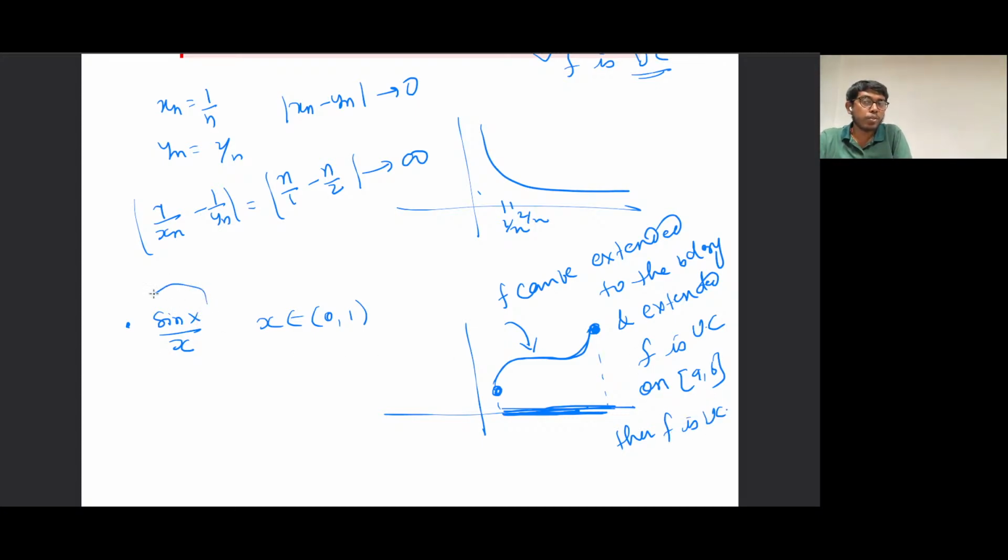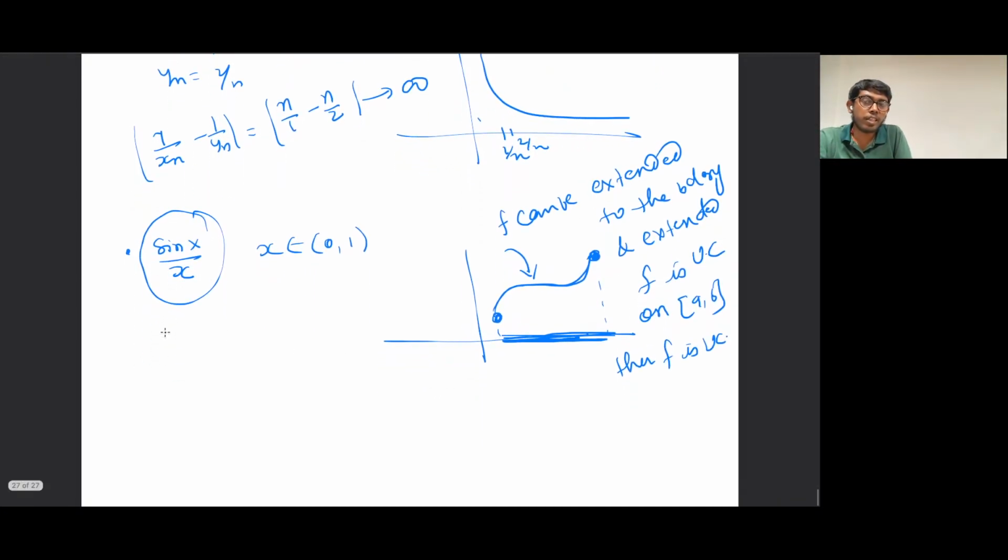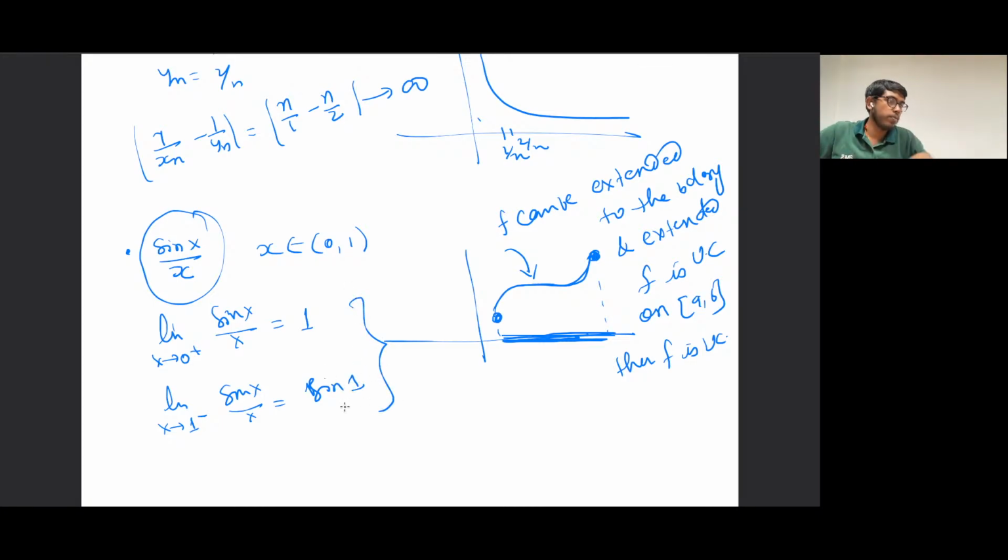Here you can clearly extend it: the limit as x tends to 0 plus of sine x by x is 1, and the limit as x tends to 1 minus of sine x by x is sine 1. So I have extended it to the boundary.